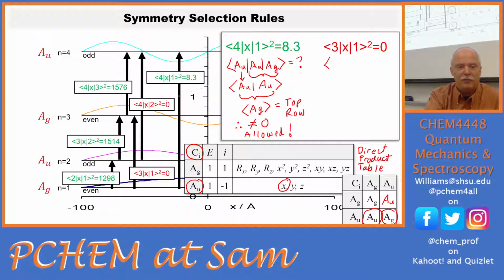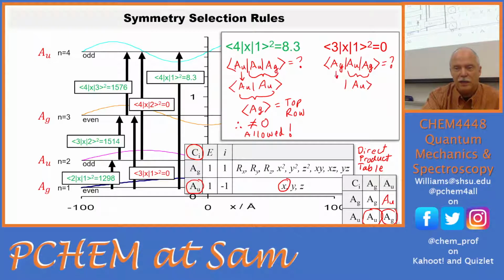So we go and find wave function 3. Here it's AG. We know X is AU, so that doesn't change. And we know that wave function 1 was AG. And we want to know if this integral is going to be equal to 0 or not. So using our direct product table, we look at the product of an AU function and an AG function, and that gives us AU.